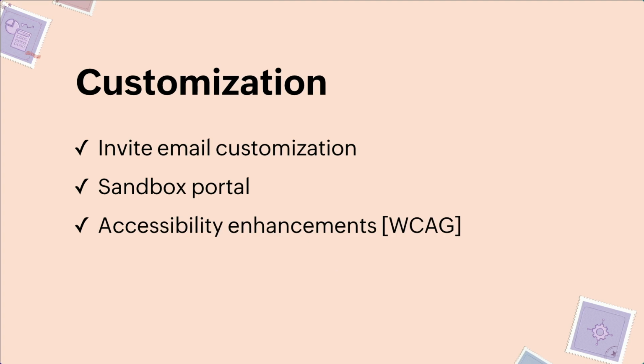So let me talk about what we have done in terms of customization in Zoho Projects. We have already provided the layouts, layout rules, web tabs, and many other customizations before. And we thought, when you invite a user, we send the email with the name of Zoho Projects, and I know you wanted to have a personalized image or logo or content when you are inviting your colleagues to your Zoho Projects account.